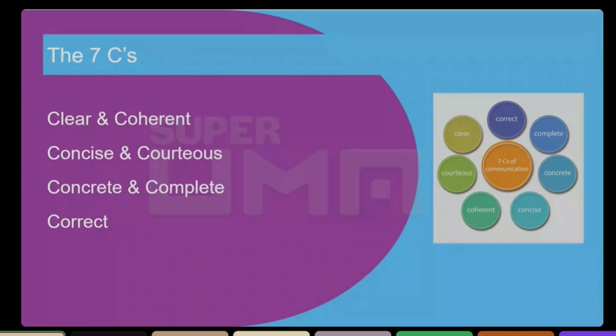You shouldn't include inaccurate information. You should get your proposal proofread or edited, and have more eyes look at it before finally giving it to the DAO or to the organization. So consider the 7 C's when writing a proposal.